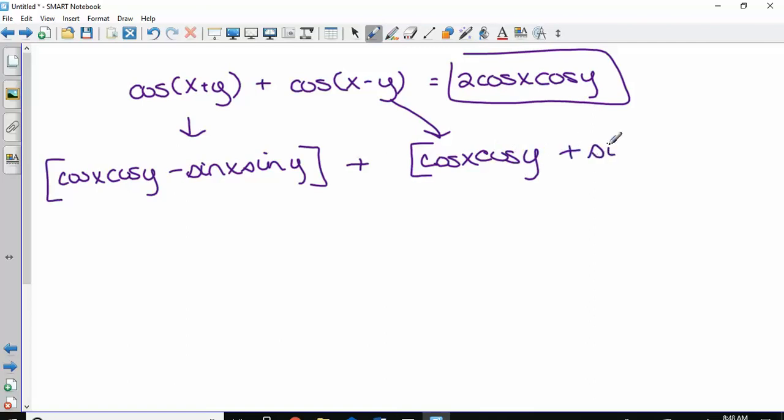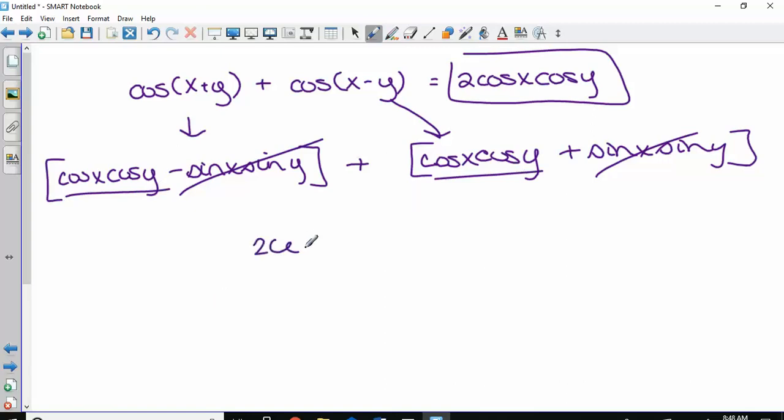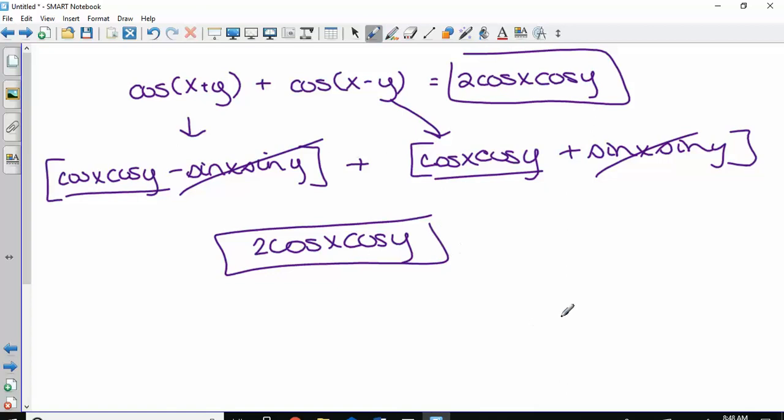Plus sine. What happens? So cosine x cosine y is 2 cosine x cosine y. That one might have been too easy.